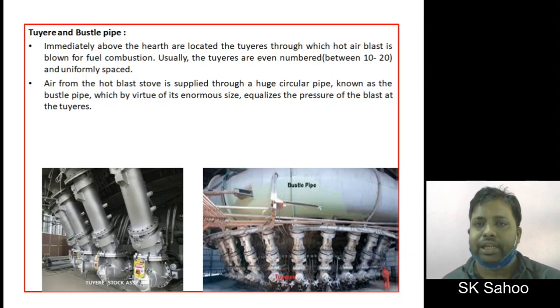Usually the tuyeres are even in number, 10 to 20, and uniformly positioned. Air from the hot blast stove is supplied through a huge circular pipe called the bustle pipe, which by virtue of its enormous size equalizes the pressure of the blast at the tuyere level.